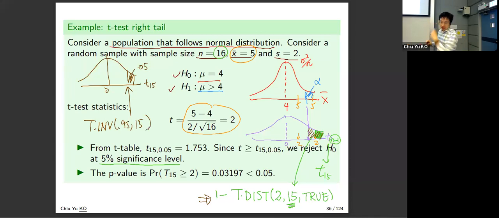Let me tell you how to figure out this number, which is 1.753. You can find it in Excel. I'll show you how to do it in the T table: 15, 5%.